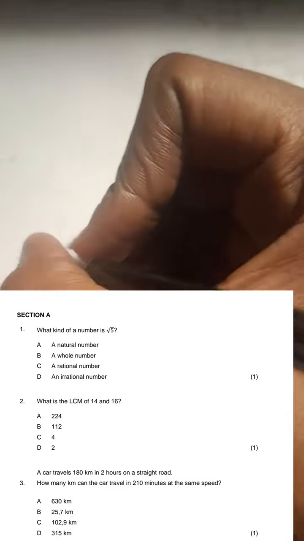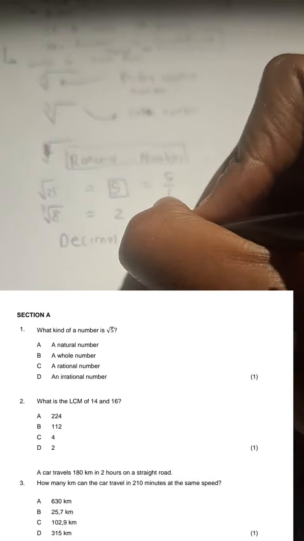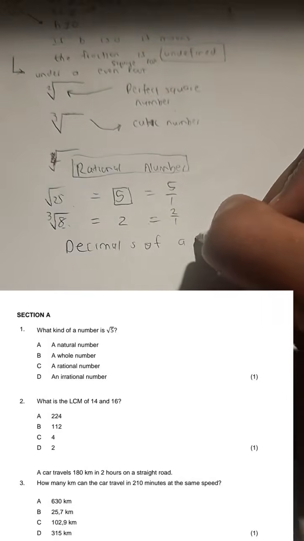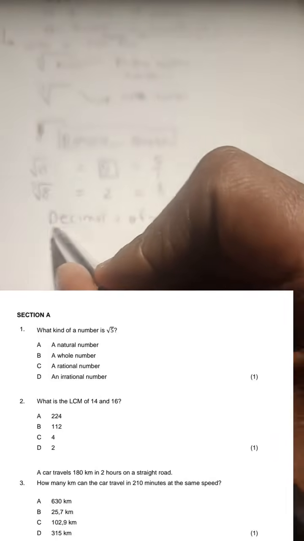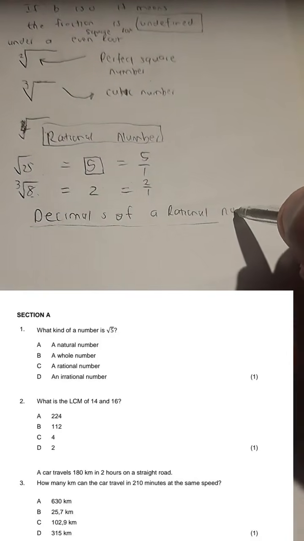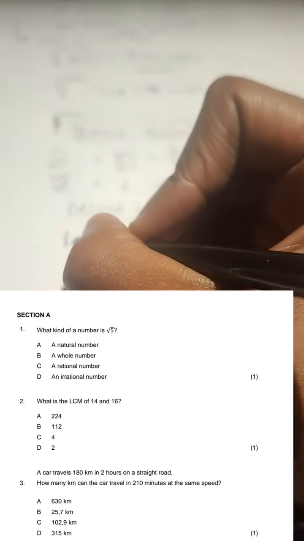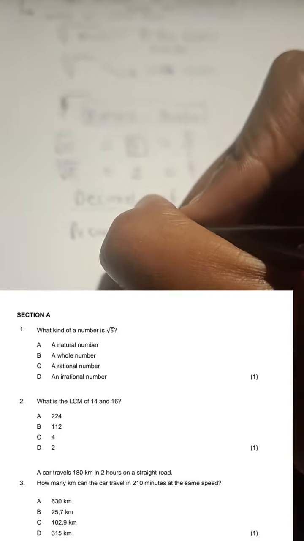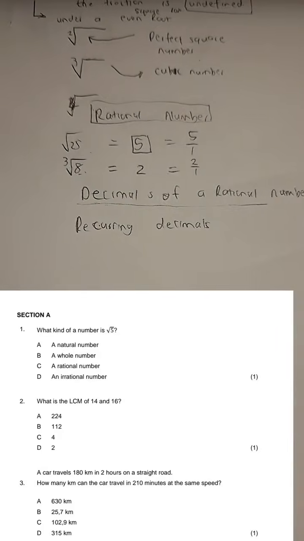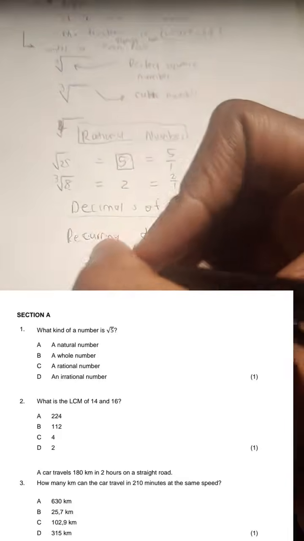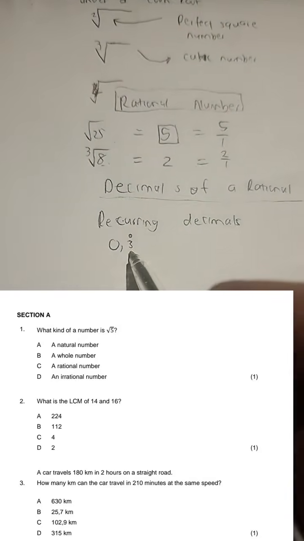Now, I want to speak about the decimals of a rational number. If you look at the decimals of a rational number, it falls under this camp. We have recurring decimals. By recurring decimals, guys, we mean this: 0.3, let's say we put a dot on top of the 3.